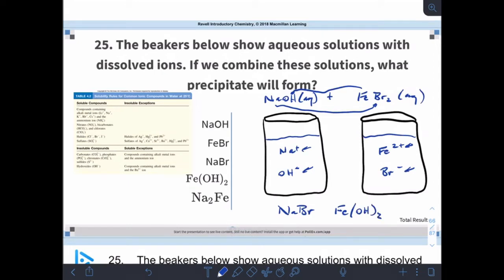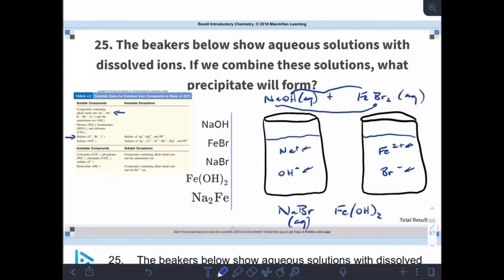All right, so our halides are down here towards the bottom on the top part of our table. Anything with a bromide will be soluble except with silver, mercury, or lead. And anything with sodium, sodium's right up here, is going to be AQ, soluble.